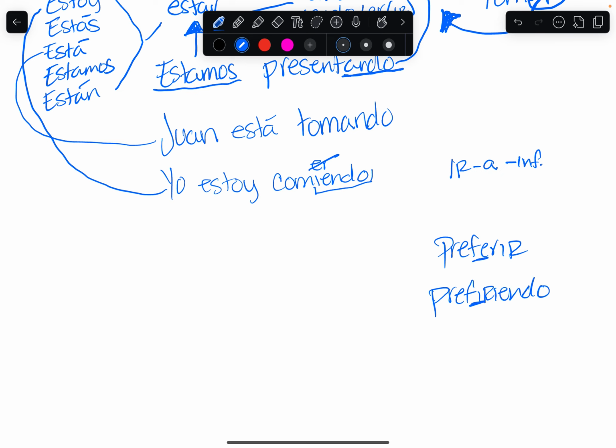This E changes to, oh, I'm sorry, it's not that. It's this one, IE. Okay? So remember that those are always a possibility that they end up changing. So you have to remember your irregular verbs.